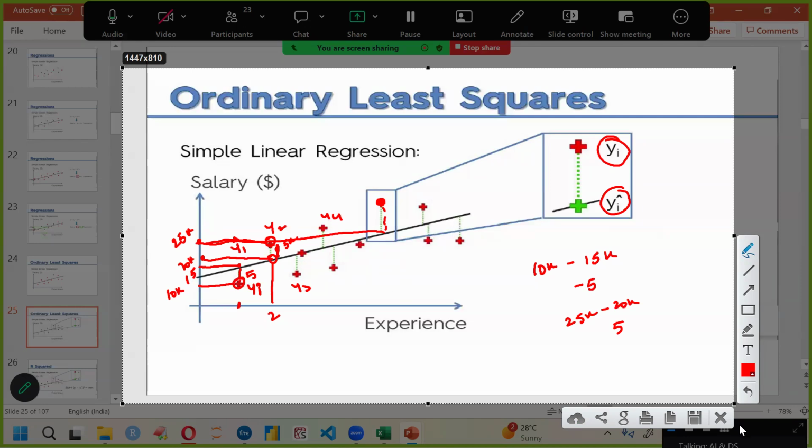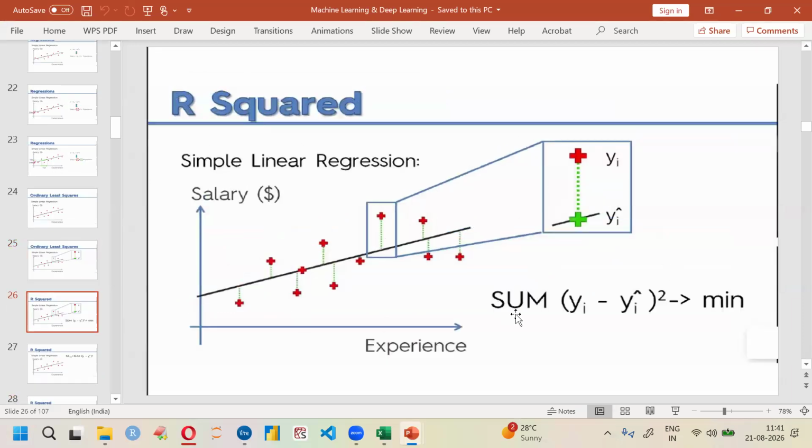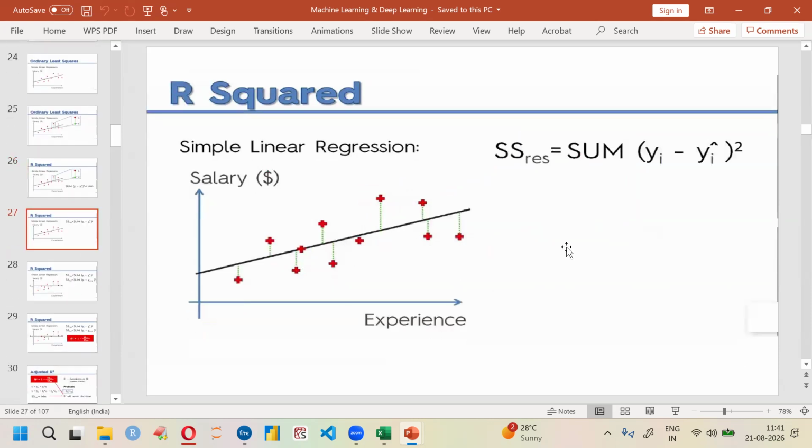After calculating the difference, we sum the squares: the sum of (yi minus yi cap) whole square. This is the mathematical calculation for all the points. Then I calculate something called SS residual.